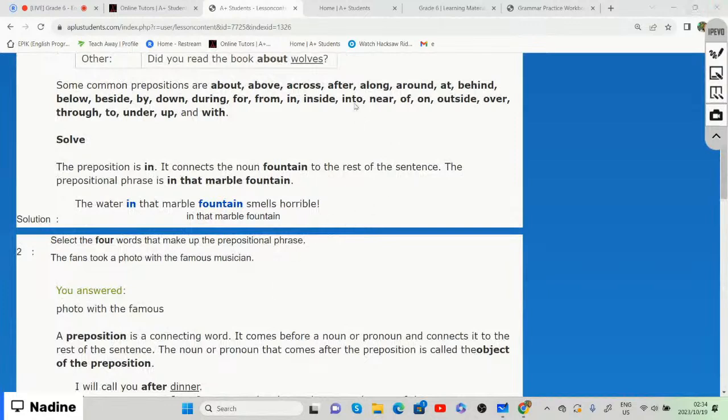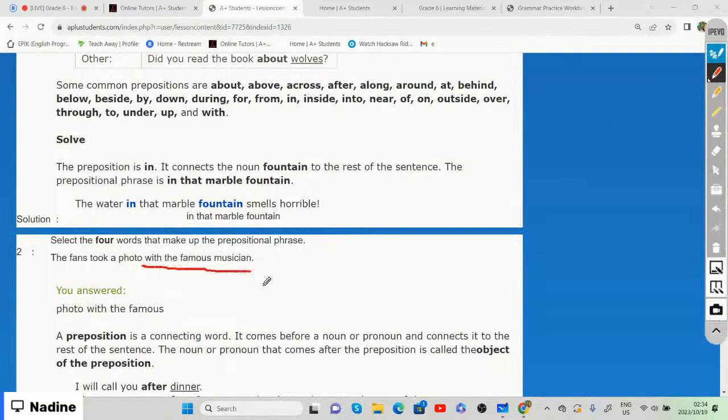We can say it is with the famous musician, and those are the four words that make up the prepositional phrase.